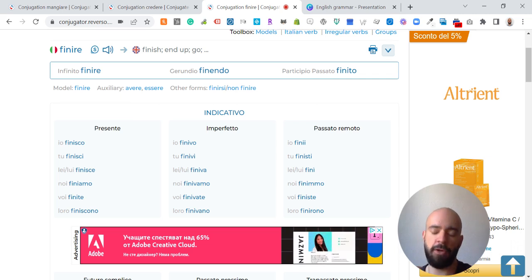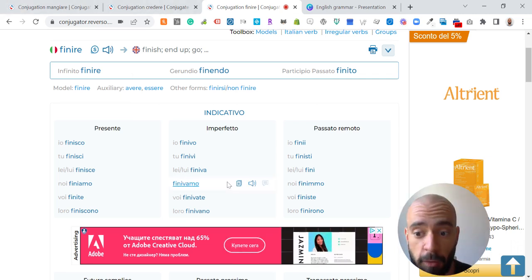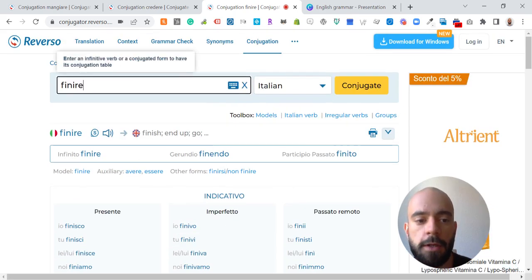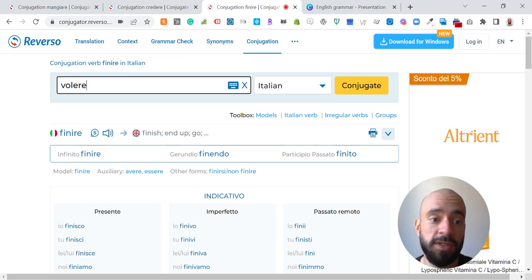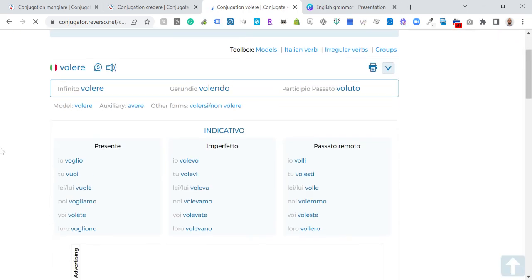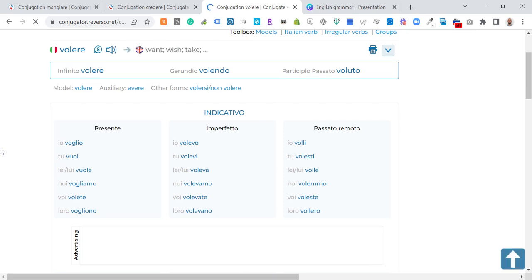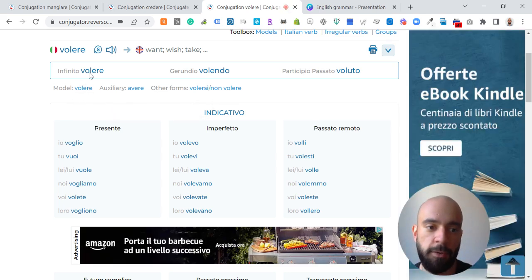Okay. Now let me give you an example of an irregular verb, such as volere, which is to want. We will see it in a very specific video very soon. But as you can see, the conjugation of volere is very irregular, because it is not volo, it is voglio, vuoi, vuole, vogliamo, volete, vogliono.